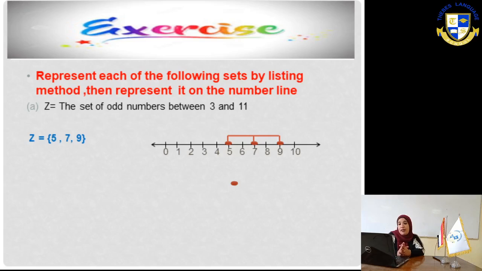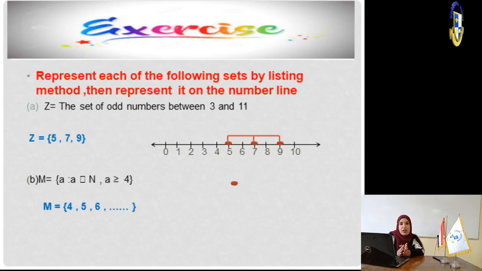Okay. Set M is the set of A, where A is an element belonging to N, and A is greater than or equal to 4. It's a number belonging to N, and this number is greater than or equal to 4. What are the numbers greater than or equal to 4?